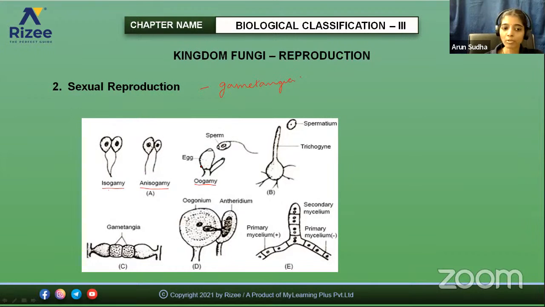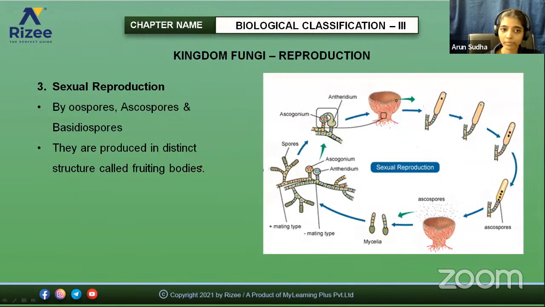And also based on the different types of fusion, we can differentiate the fungi in different ways. For example, based on the type of spores, for example oospores, ascospores, or basidiospores. We are classifying the fungi into different groups based on the type of spores that are formed, whether it is an oospore, ascospore, or a basidiospore. And they are produced in a distinct structure called fruiting bodies.